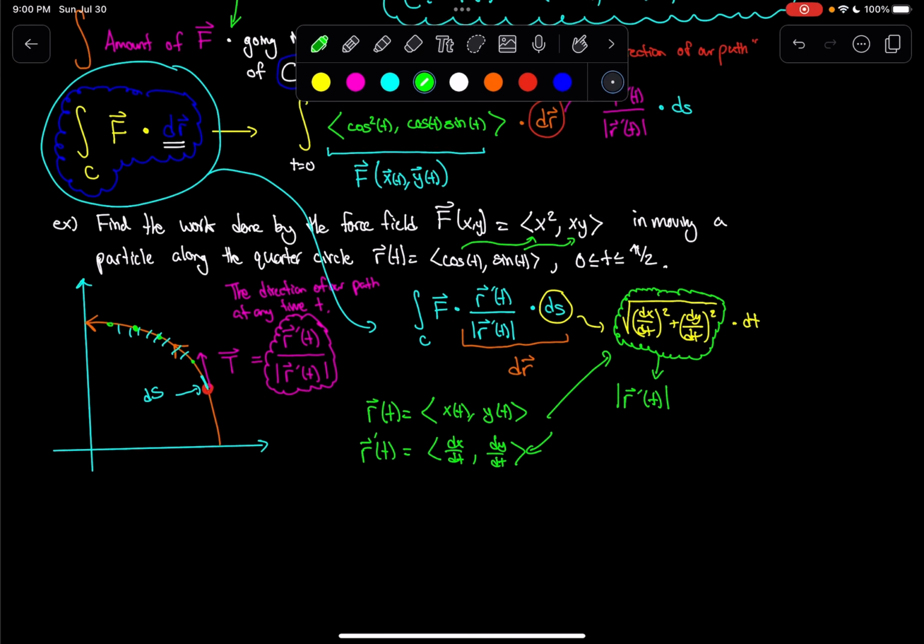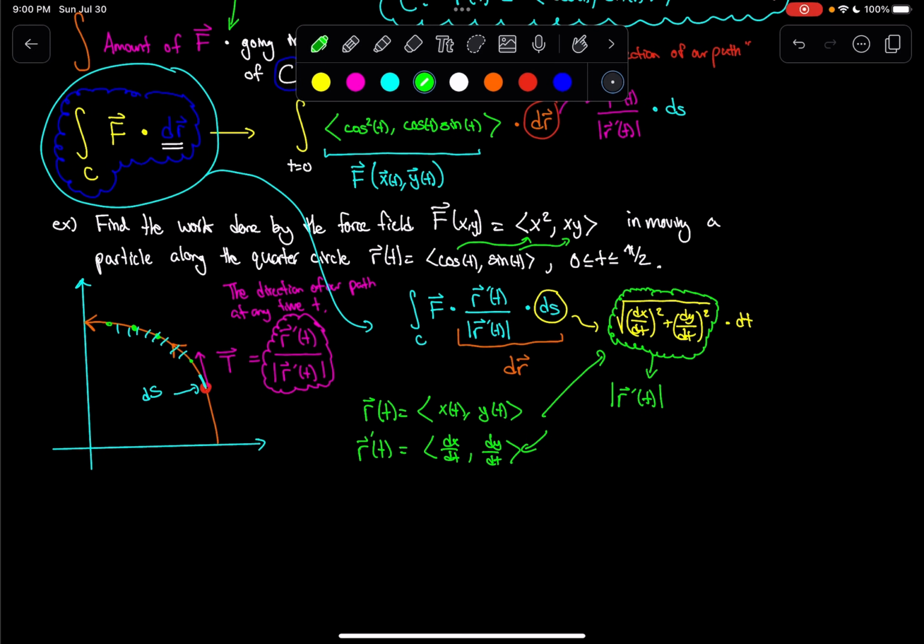So all of this to say, what are we doing? We're trying to understand this very simple formula that we easily came up with, this notion of the amount of our vector field F going in the direction of our path r. We're trying to turn that dr into something we can actually work with.